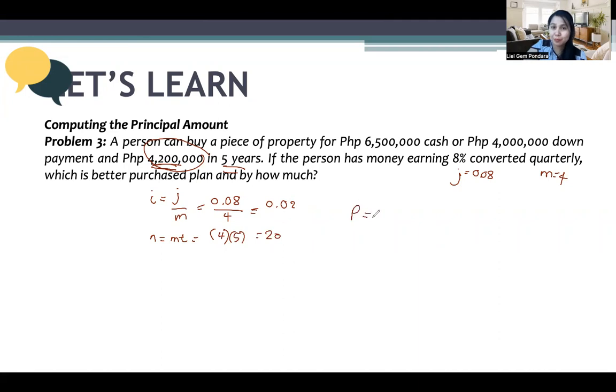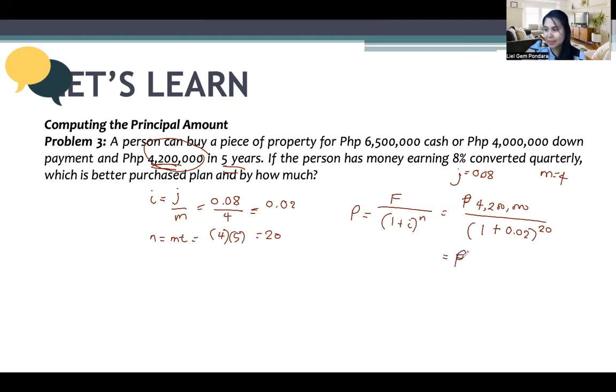Let's solve for the principal: F over 1 plus I to the power of N. That's going to be 4.2 million divided by 1 plus I to the power of 20.